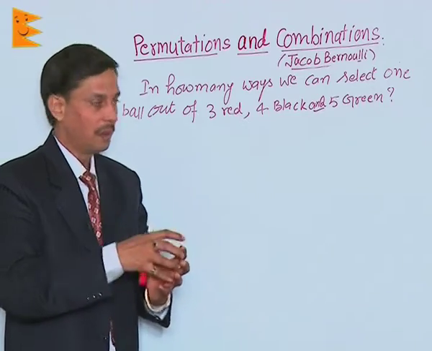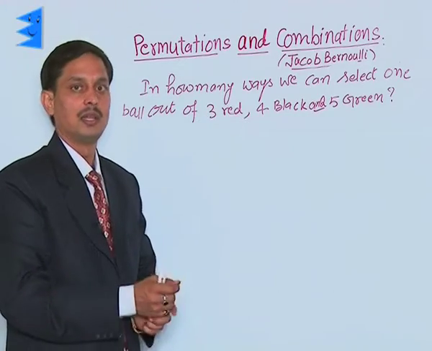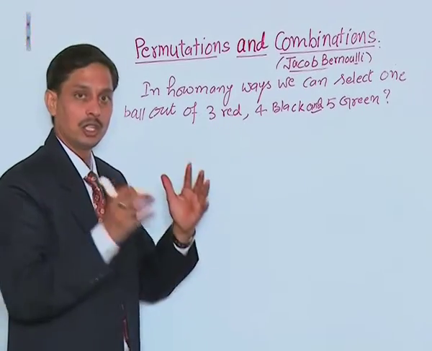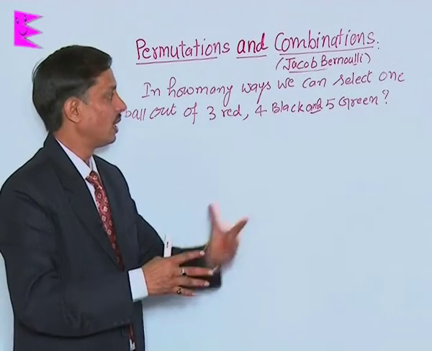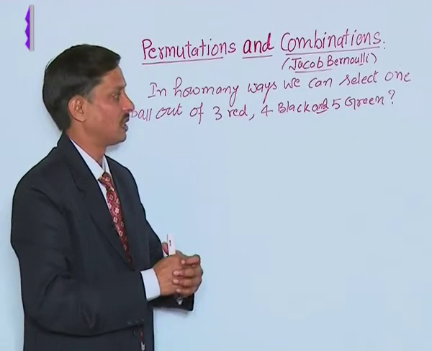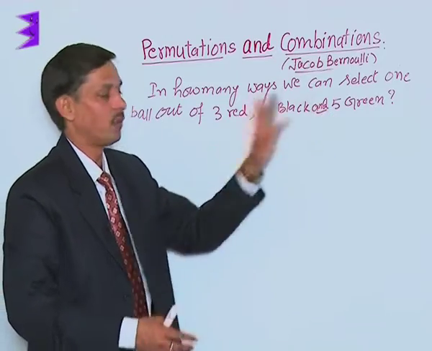If we would like to select a ball of red color, what does this mean? That we have 3 choices. Similarly, if I want to opt for a ball of black color, I have 4 options, and if I want to select a ball of green color, I have 5 options.